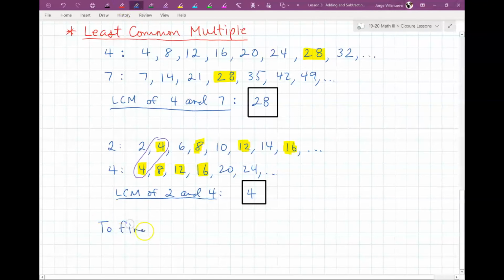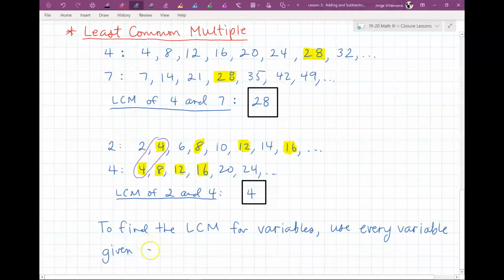To find the LCM, the least common multiple, for variables, use every variable given and find the highest power.